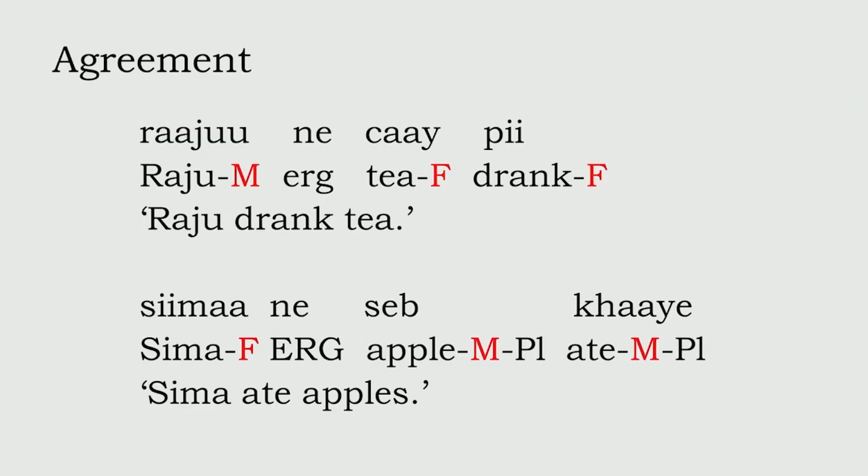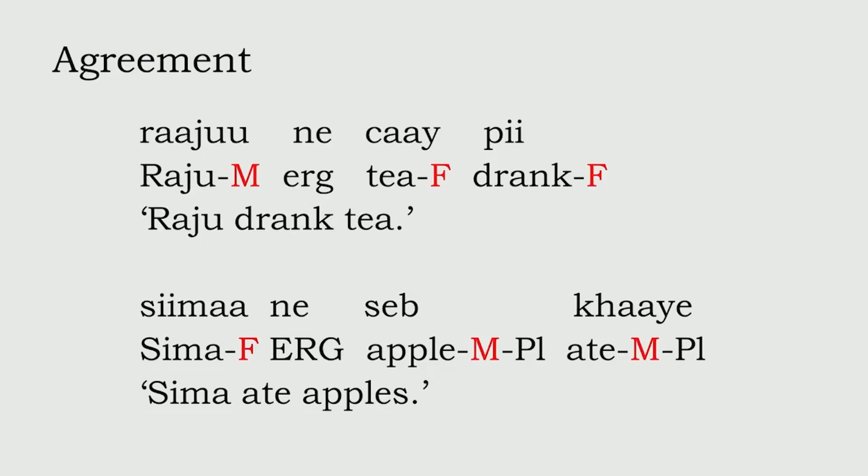If the subject is singular, it's going to find a way to indicate third singular number on the verb as well. And if we see the gender of the subject is masculine, then we will see the whole process finding a way to indicate gender on the verb as well. So in a language like Hindi, all three of them are participating. Let's look at these examples again to understand agreement in Hindi and the whole phenomenon of agreement in general.